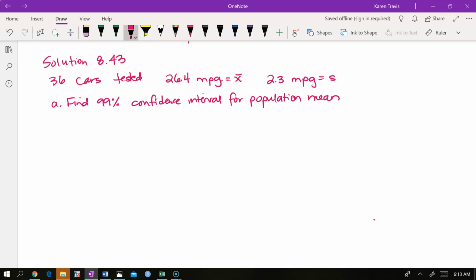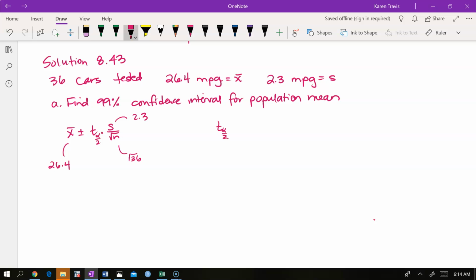So because we have the sample standard deviation, that's how we know we'll be using the formula in which we have to use t. So we have x bar of 26.4, we have s is 2.3, we have n is going to be square root of 36.